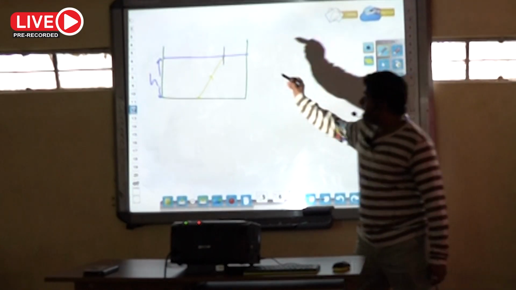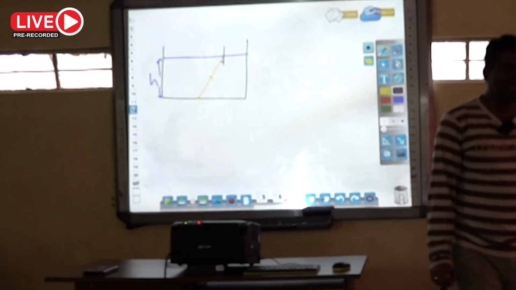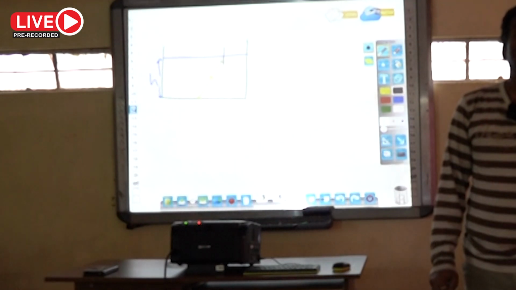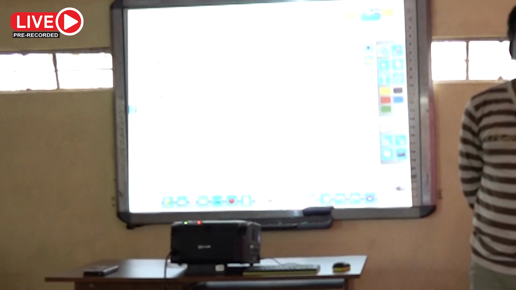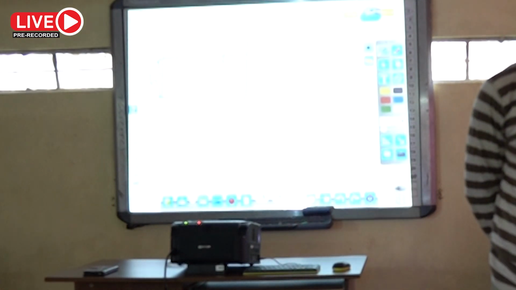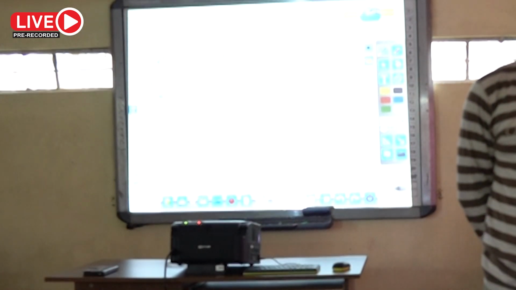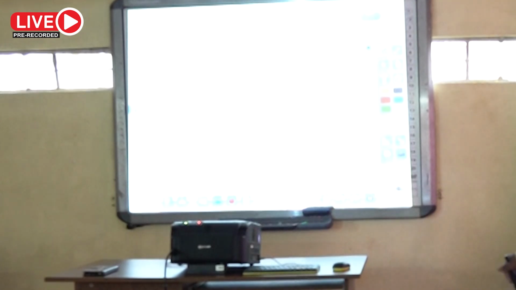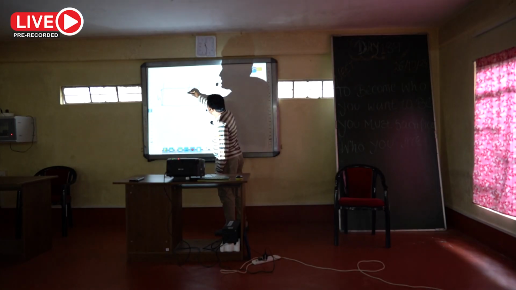If this angle of incidence is less than critical angle, in that case light ray can go from denser medium to rarer medium. But if this angle of incidence is greater than critical angle, then light ray cannot go because it will suffer total internal reflection. And if this angle is exactly equal to the critical angle, then light ray will be going along the surface of water. So we consider this angle is the boundary and it is equal to that critical angle.